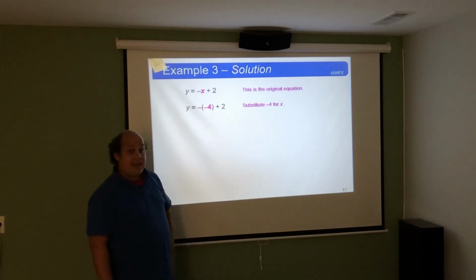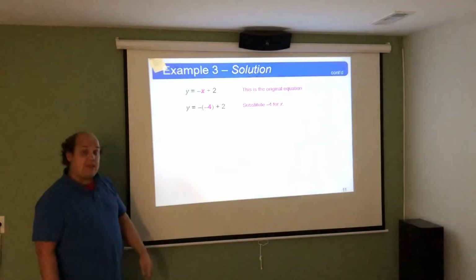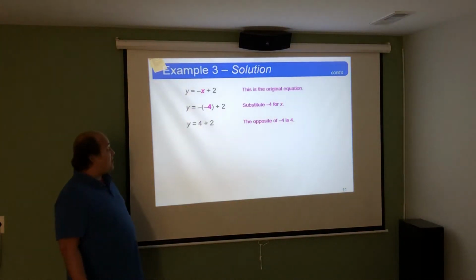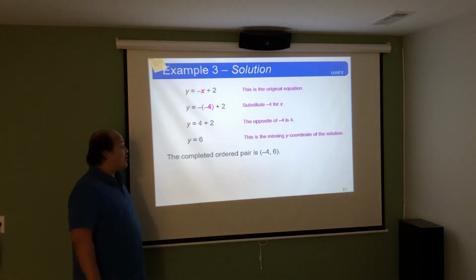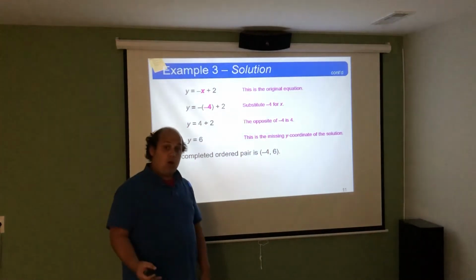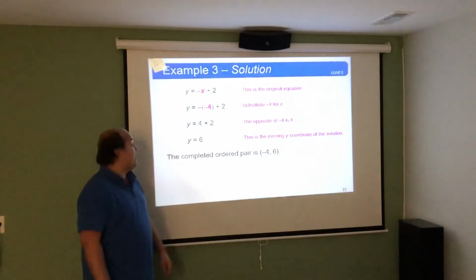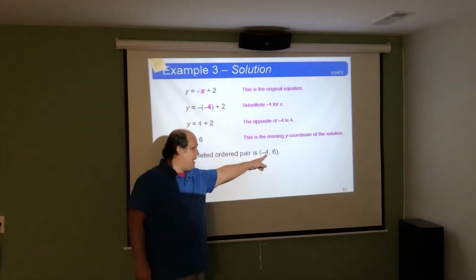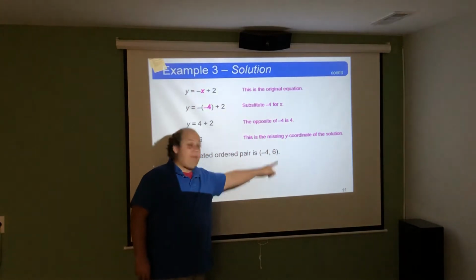When we multiply a negative times a negative like that, it makes a positive 4. So then it becomes 4 plus 2, which gives us an answer of 6. When we plugged in the x-coordinate of -4, we got a y-coordinate of 6. That means the ordered pair is (-4, 6): when we put in -4 for x, we get back 6 for y.